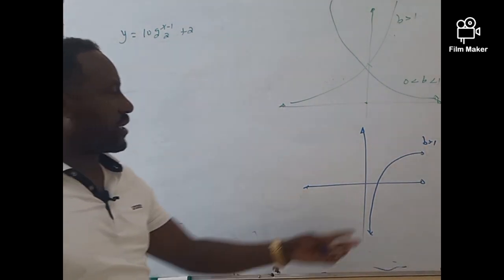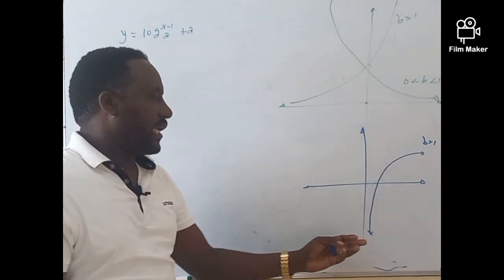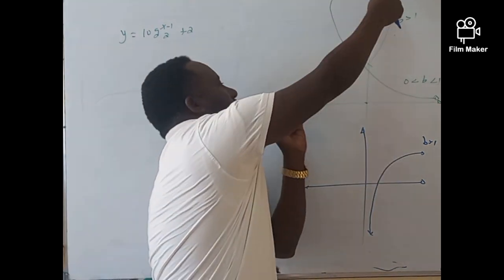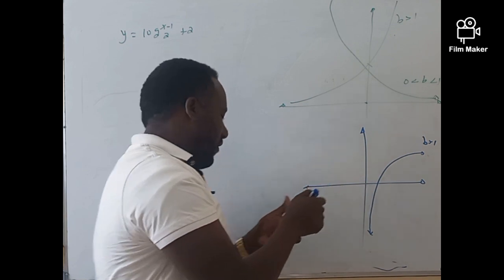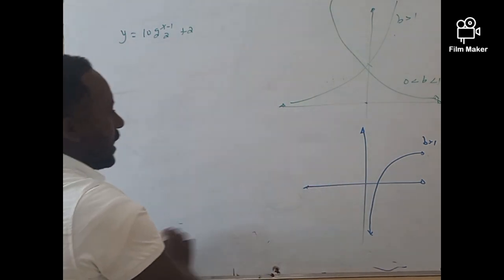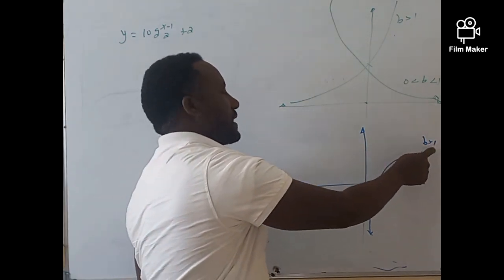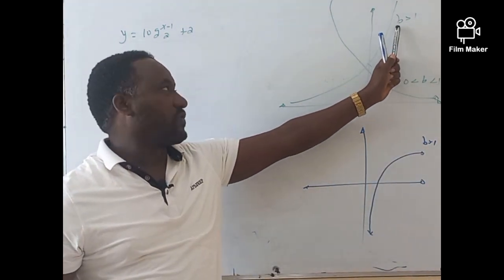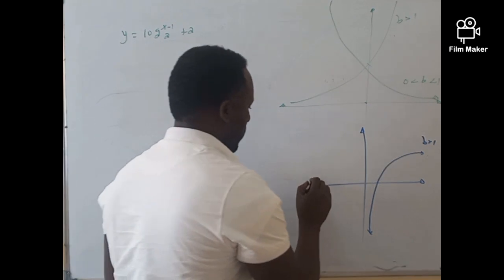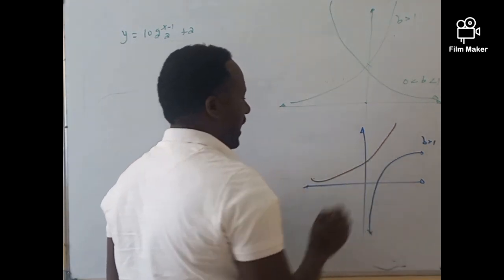Look at the graph of this one and the graph of this one. They are mirror images of each other. If you bring together the graph of the logarithm with base greater than 1 and the graph of an exponential, it is going to be drawn this way. So the graph will be like this one.